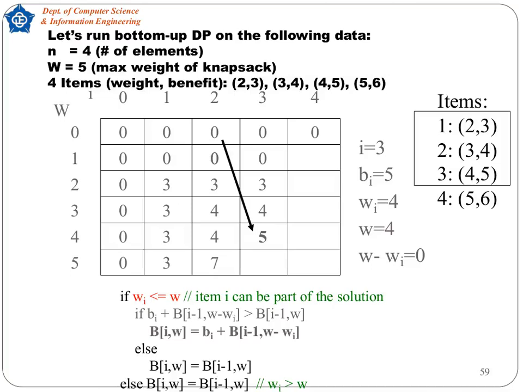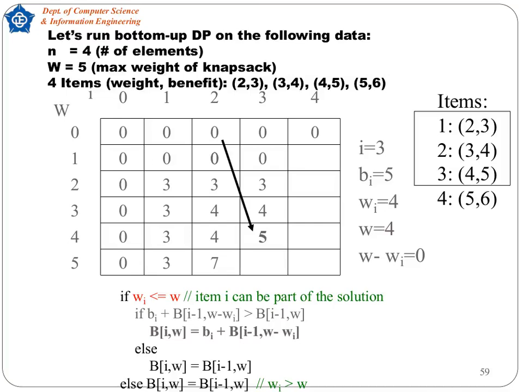Now let's zoom in on cell B[3][4], which considers the third item, weight 4, value 5, at capacity w equals 4. According to our recurrence, if w_i is less than or equal to w, B[i][w] equals max of B[i-1][w] and b_i plus B[i-1][w minus w_i]. Here w_i equals 4 and b_i equals 5.